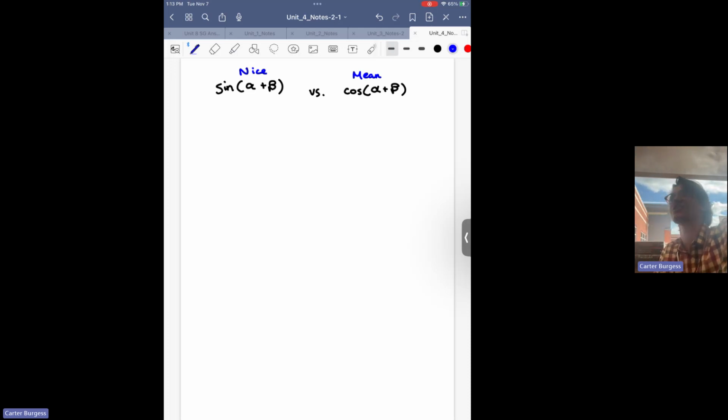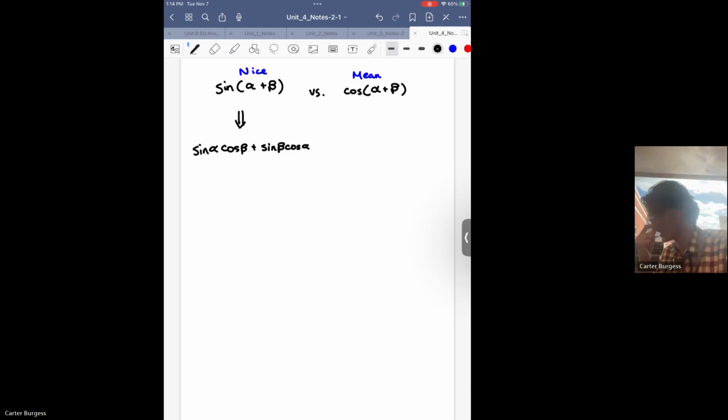Addition is going to stay addition. We are not going to have to worry about any shenanigans with that. Sine of alpha plus beta can be instead reformatted to be sine of alpha times cosine of beta plus sine of beta cosine of alpha. And so notice sine mixes and matches, doesn't do anything with the plus.